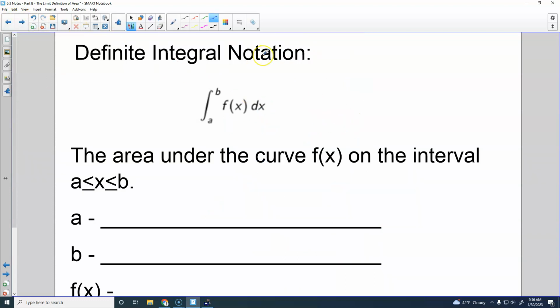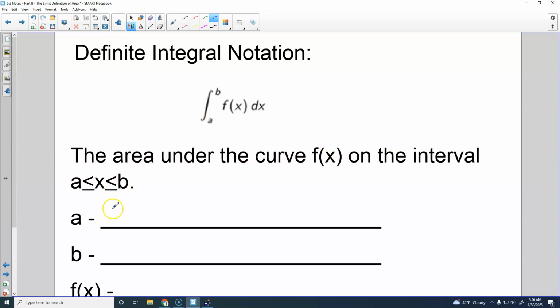Okay, definite integral notation, just real quick. I've already alluded to this, but when you see this expression, it means the area under the curve f of x on the interval from a to b.